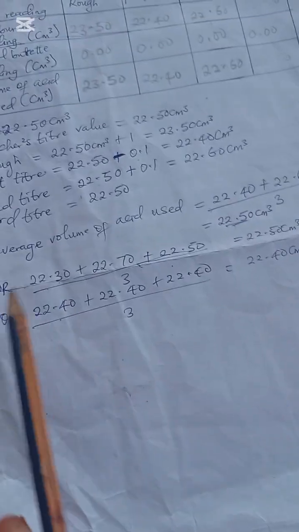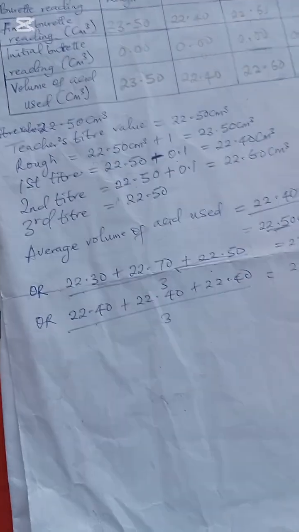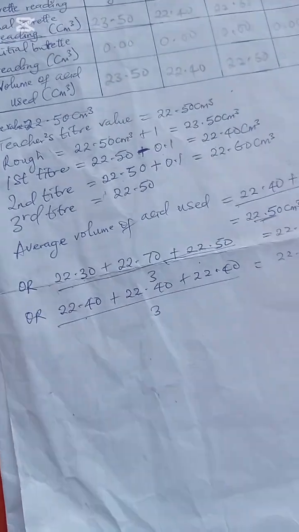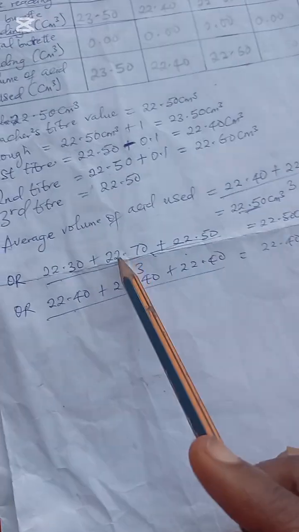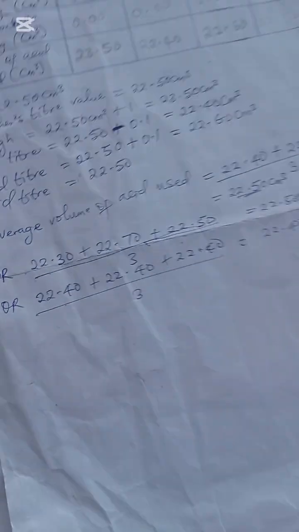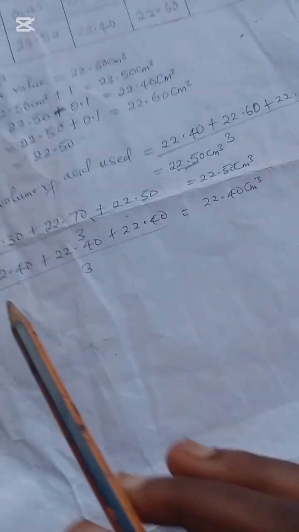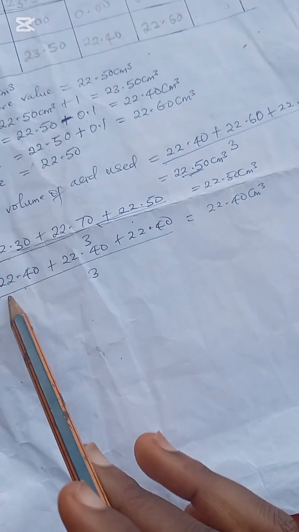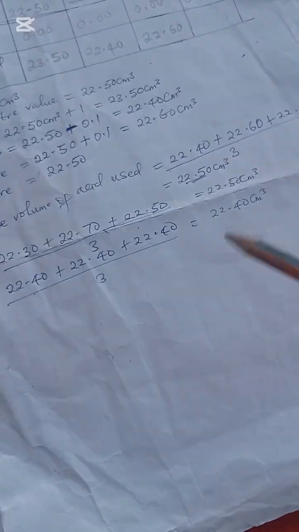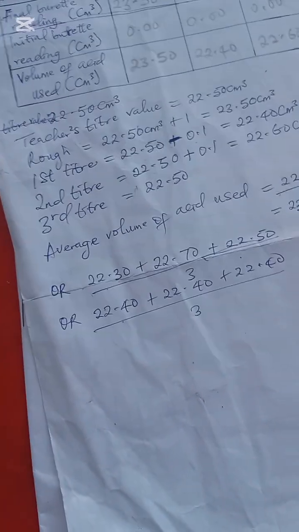So the average volume used will now be the first titer, second titer, and third titer, to give you exactly your teacher's titer. Or in another way, you can say 22.30. What did I do here? I subtracted 0.2. Then for the next one I added 0.2. In the last one I used my teacher's titer, and I still got this. Or in another way, I can do 22.40 throughout and still get 22.40, or 22.30 throughout and still get 22.30.